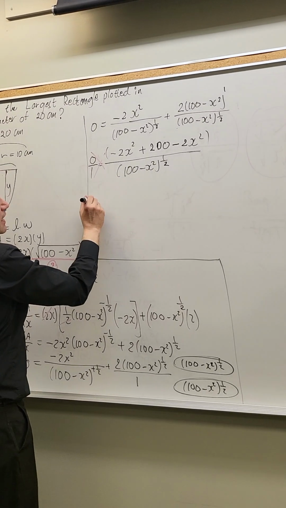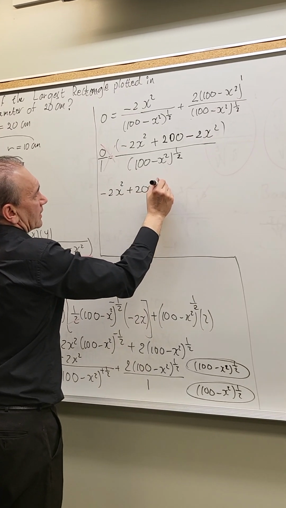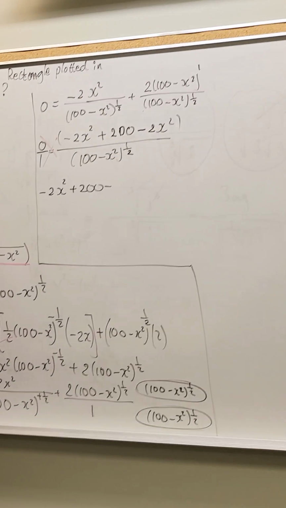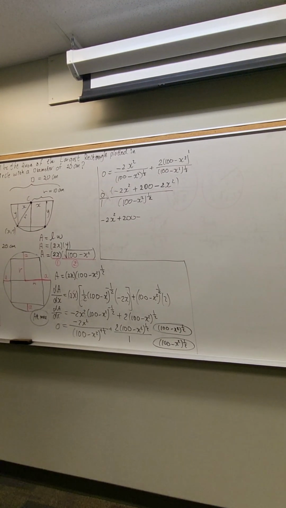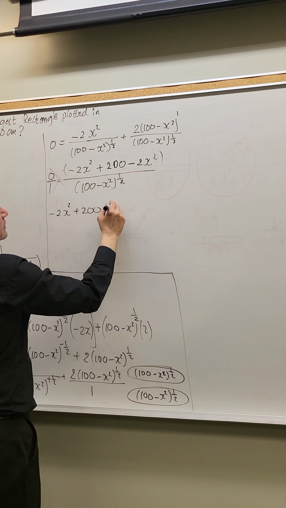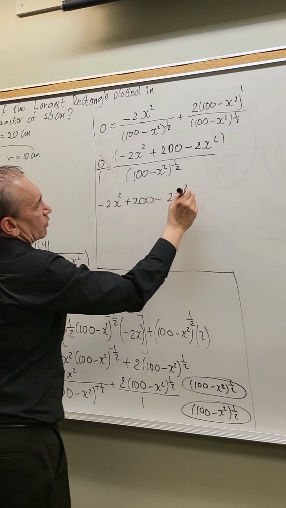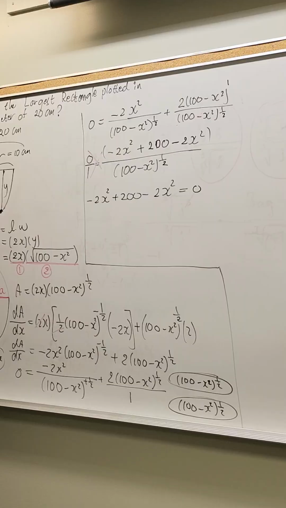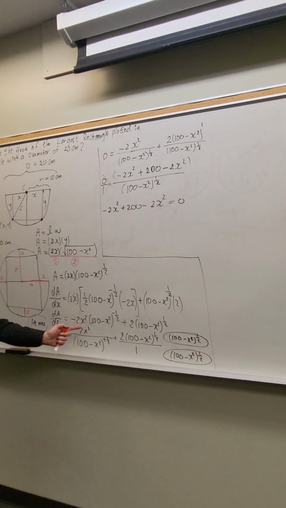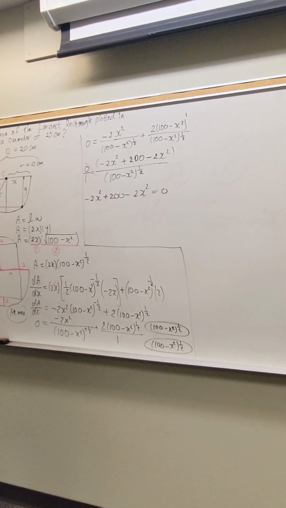So we are going to have a minus 2x squared plus 200 minus, this one here was squared also, isn't it? Yes, it is. And we are going to have minus another 2x squared is equal to 0. This situation is going to give me minus 2x squared from this side and minus 2x squared from the other side. So let's simplify as much as possible.